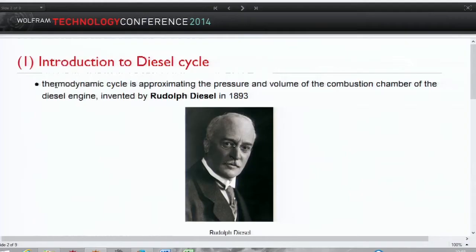Okay, so good evening. At first, I would like to speak about the theoretical background of the diesel cycle. The diesel cycle is a thermodynamic cycle which was invented by Rudolf Diesel in 1893. There is his photo. As with every thermodynamic cycle, we can create a PV diagram.